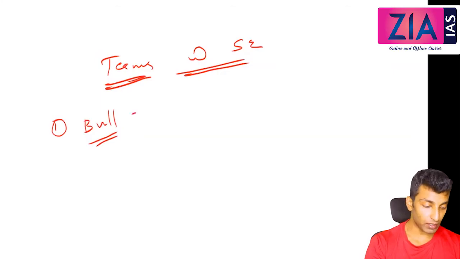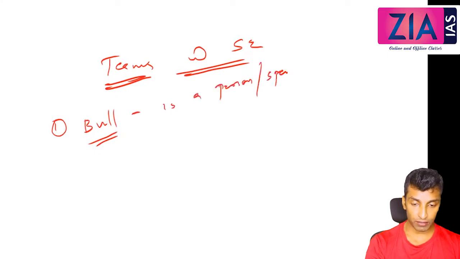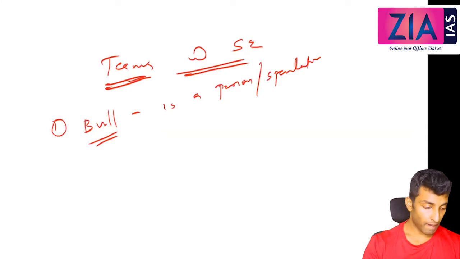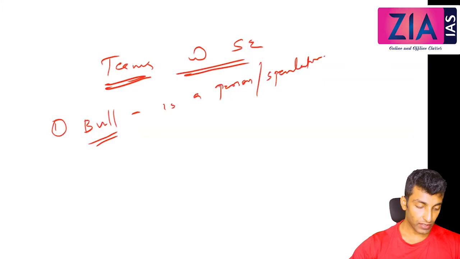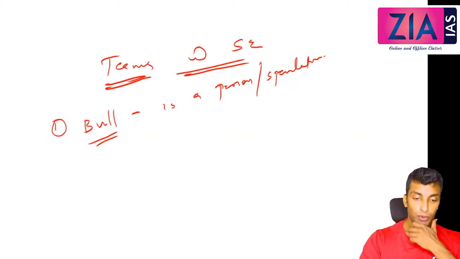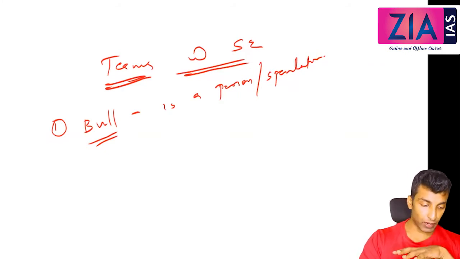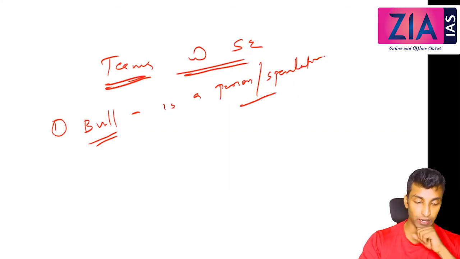Bull is a person or speculator who purchases shares in bulk as optimistic speculator.